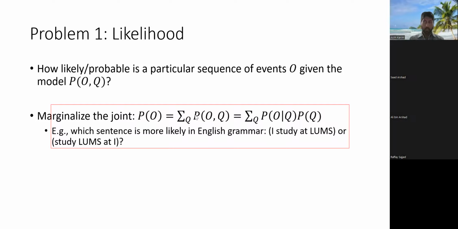If your model, which is the probability of O and Q, is correct, then you'll get a higher probability for "I study at LUMS" because it is based on proper grammar and proper usage of POS as opposed to the other sentence. Okay, so this, of course, is the likelihood problem.